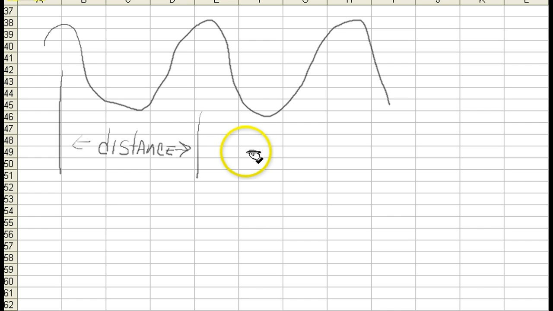Now radio guys are kind of lazy, so rather than writing out distance or wavelength, we give this a funny symbol of an upside down Y. That is a Greek character, lambda.